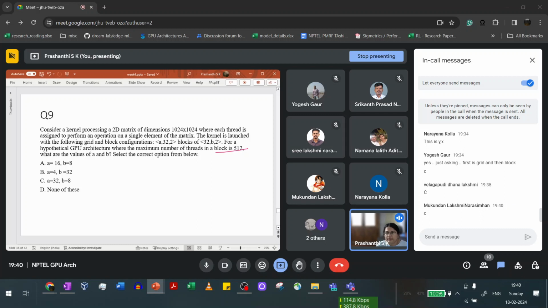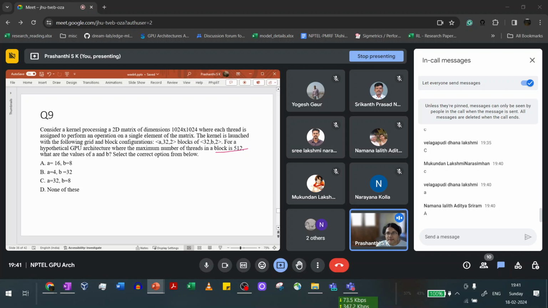Okay, we have one answer saying C. We have one more answer saying A. Again, I think we discussed a very similar question before, right? Where two answers were possible. So in that case, remember what is the secondary constraint we use to figure out the right answer.